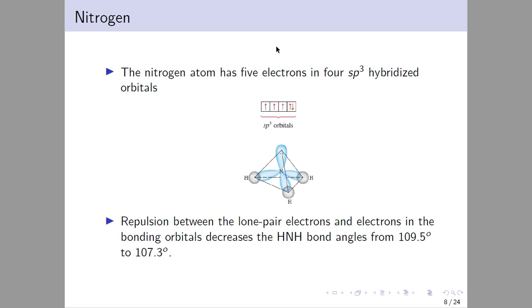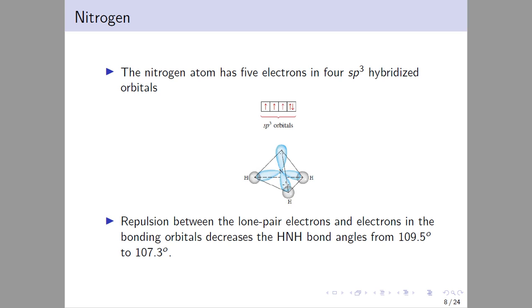For the nitrogen, you can see that the nitrogen has 5 electrons. In 4 sp3 hybridized orbitals, it can only make 3 connections, or only 3 atoms can share the electron with the nitrogen, because one is already full, so we only can put one electron here, one here, and one here.